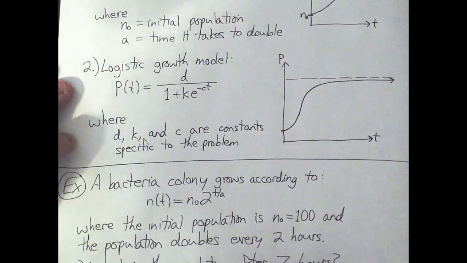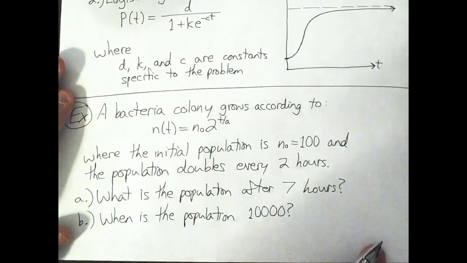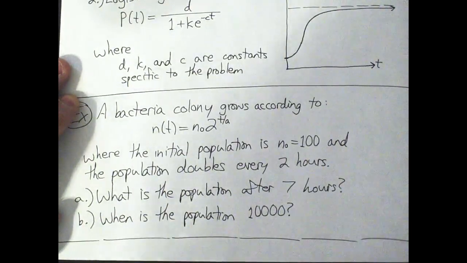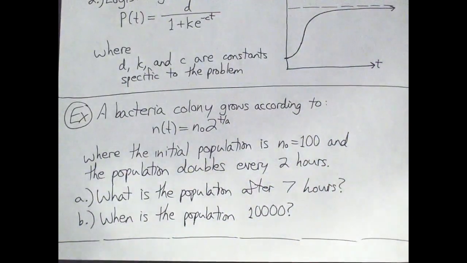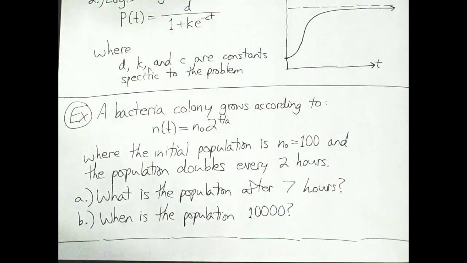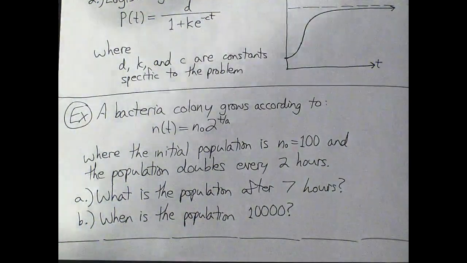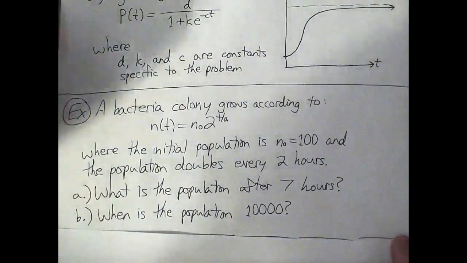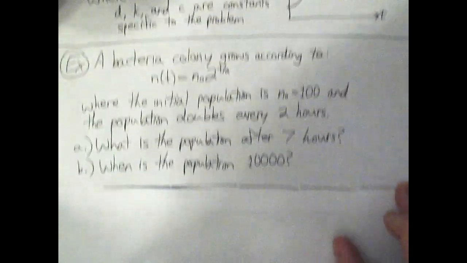And I'm going to talk us through this. I'll tell you that I find part B to be more interesting, because it's asking when. The when problems, I think, are more interesting.